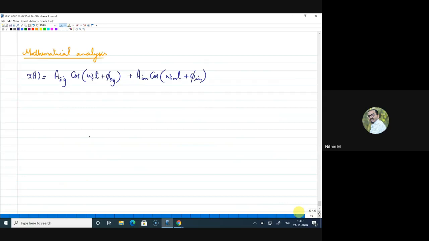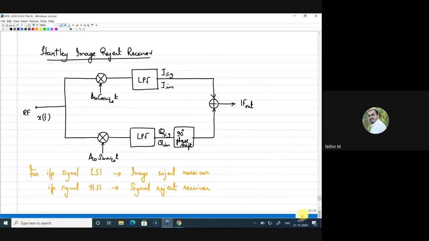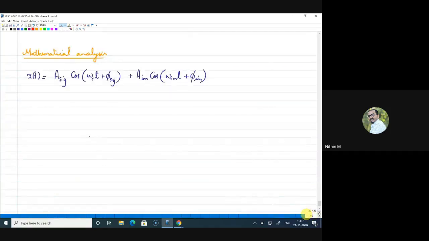Now let me write a few points here. If I consider this point as A, this as B, and this as C, can you write the signal at xa of t, xb of t, and xc of t?